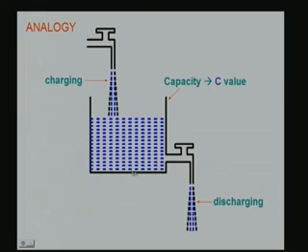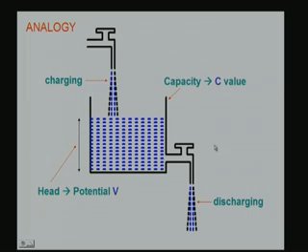The capacity of this drum or bucket is analogous to the capacitance value of the electrical component capacitor, and the height or the head of water that is going to get stored in this bucket is the potential of the energy, and that potential is the voltage potential in the case of the capacitor.